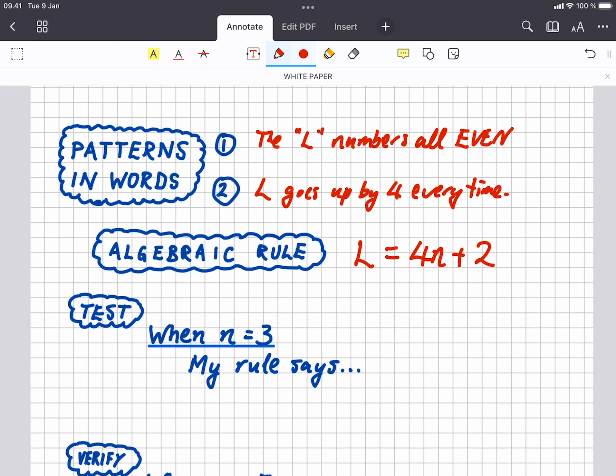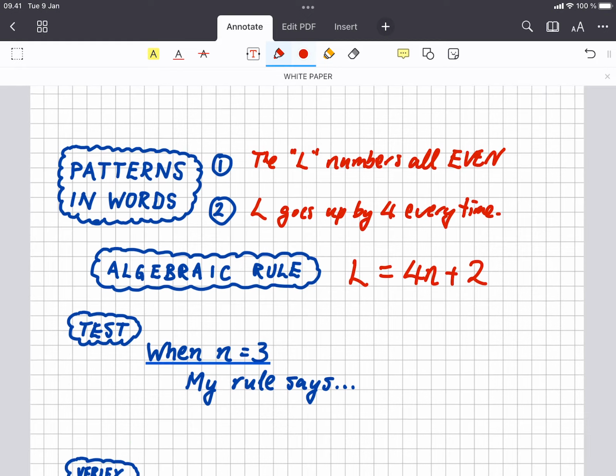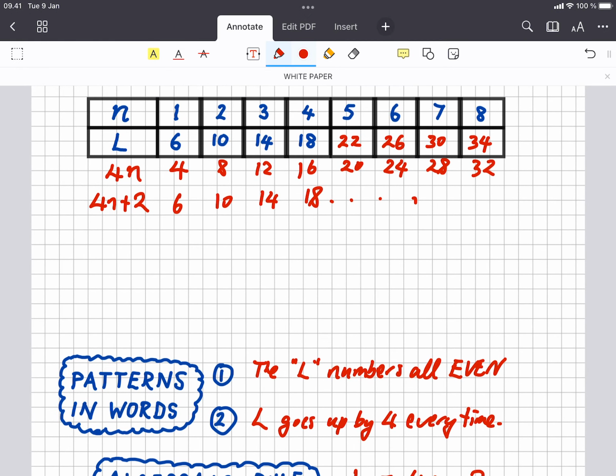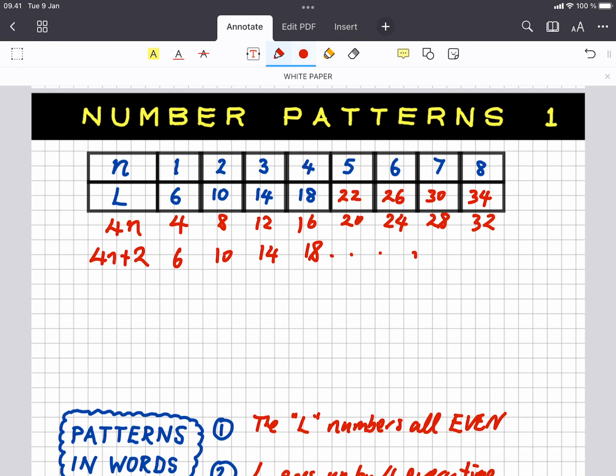Then the next bit of the question always says test your rule. So in the IB exam, test your rule means to check it works for one of the values they actually gave you.